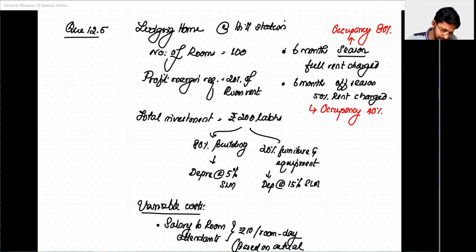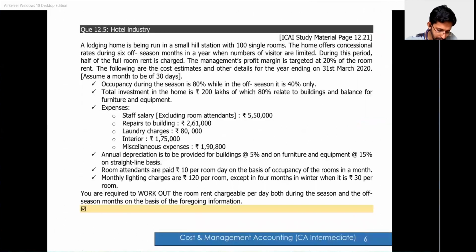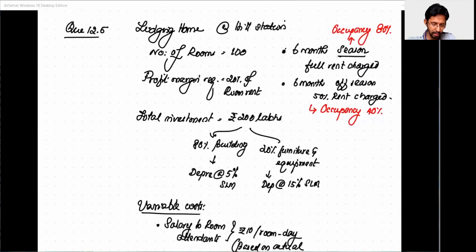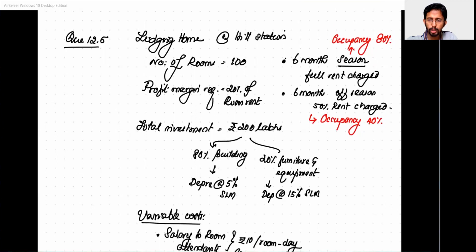The question says, a lodging home is being run in a small hill station with 100 single rooms. So we are talking about a lodging home or a hotel, whatever. Okay, and it is situated in a hill station. And this information that it is situated in a hill station may be useful when we do the problem.